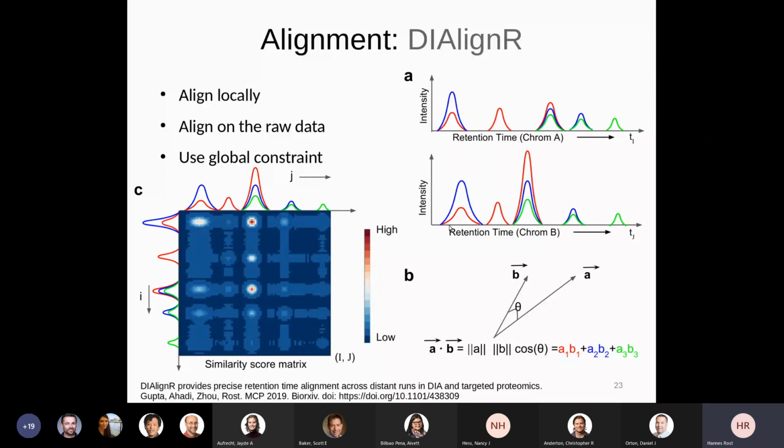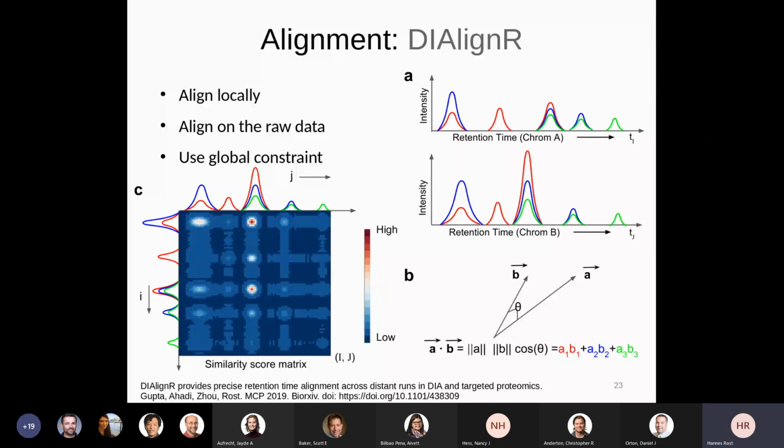We would compute a different warping function and use this to perform the alignment. So we have basically gone from a global alignment approach to a local alignment approach. We have gone from using features to using the raw data directly, and we still have the option to use a global constraint so that a strong local artifact can be overridden by our knowledge of what the global function should look like.